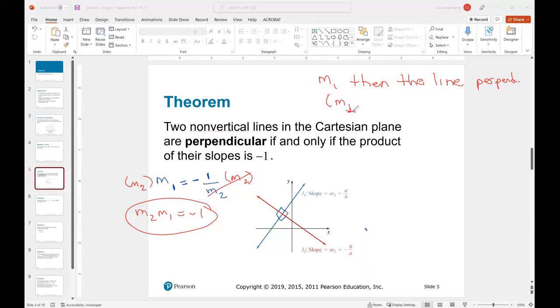Notice this looks like something that's perpendicular, right? Let me write it again. I have a line that's like this and a line that's like this, and they meet at 90-degree angles. So that's another way to say the slope of the perpendicular line. And that is going to be equal to the negative reciprocal.